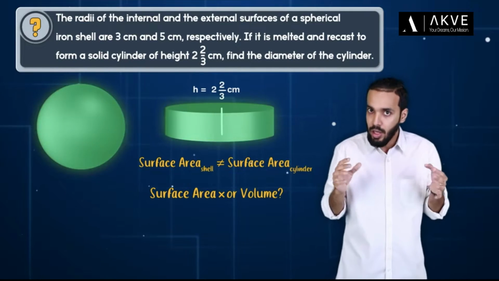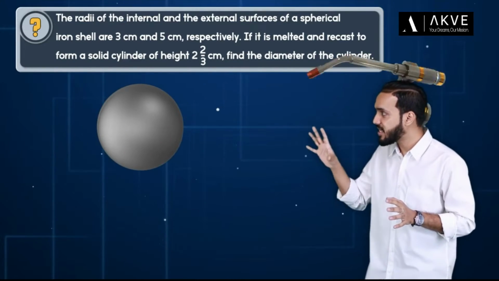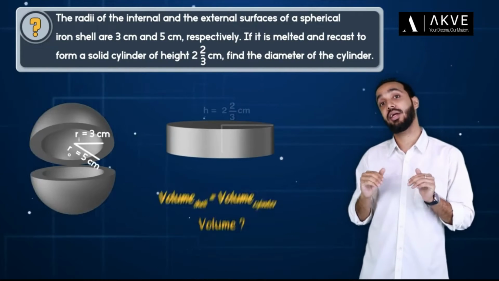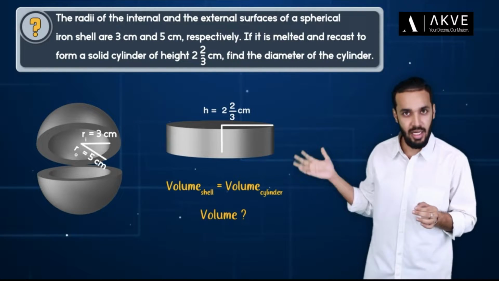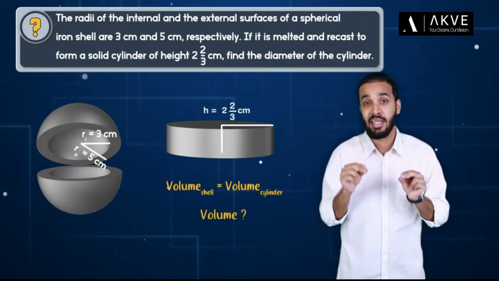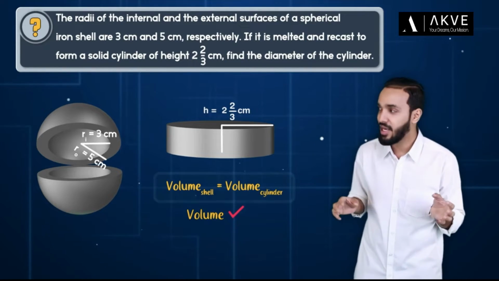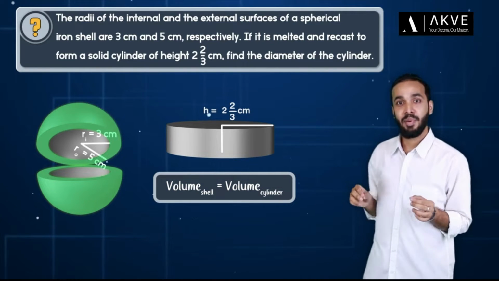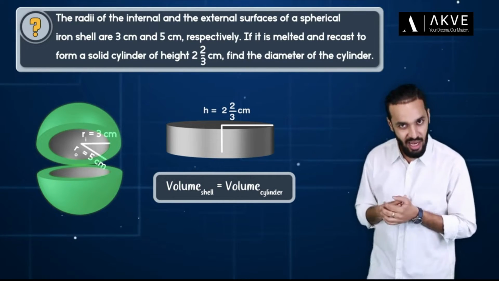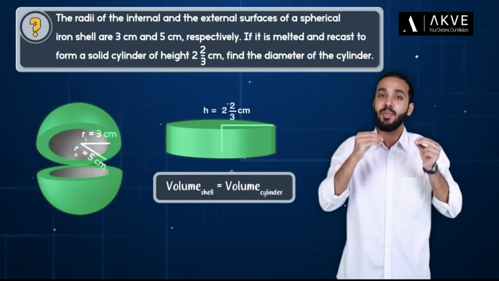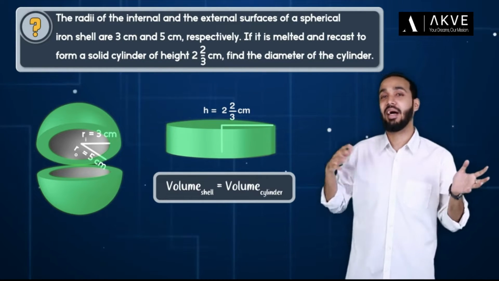But because we are melting this iron shell and using all the iron collected to form the new solid cylinder, it's but obvious that the volume of iron remains unchanged. So basically, the volume of iron present in this iron shell is the same as the volume of the cylinder that would be formed by melting the iron in the shell.